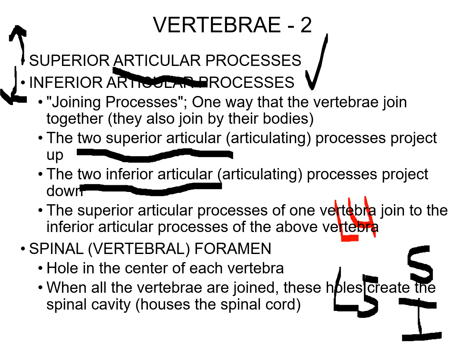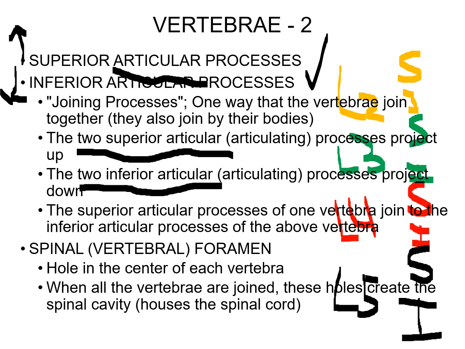So what joins with the superior articular process is the inferior articular process of L4. And then that's going to have a superior. And then on top of L4 we have L3. L meaning lumbar, right? Lower back. We have the inferior process of L3 joining with the superior of L4, and then we have a superior up here, and you see where I'm going with this. And then you have L2, inferior, superior, and it just keeps going all the way up to the top of your neck to join with your head. So that's really it. It's just how these bones are connecting.